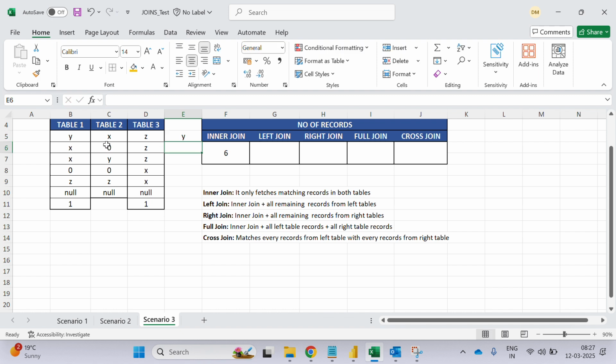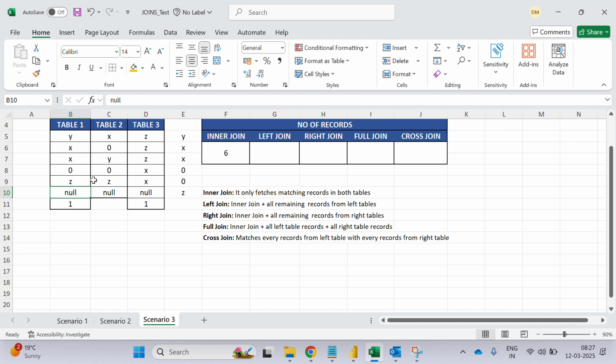X matches one time here, that is x, and the other x is matched one time here only. 0 matches 2 times here, that is 0. And z matches z only one time. Null is not matched with null here.